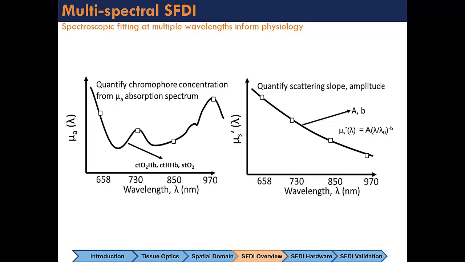If you fit a power law decay, you can get an idea of both the cross-section, the overall number of scatterers with this prefactor A, and then the wavelength dependence of the contrast B, which would tell you more about the density of the scatterers and the size of the scatterers. I'm sorry, the A would tell you more about the density and B would tell you more about the size.